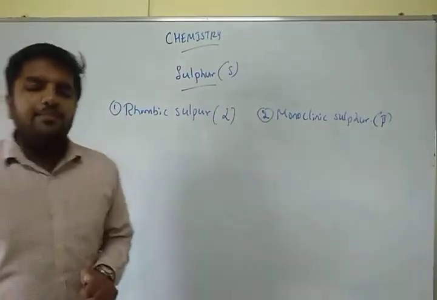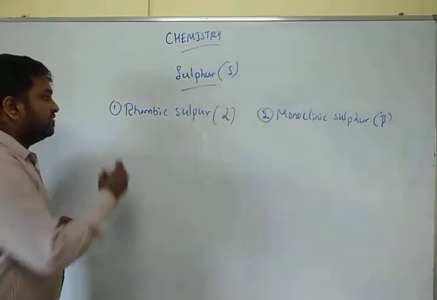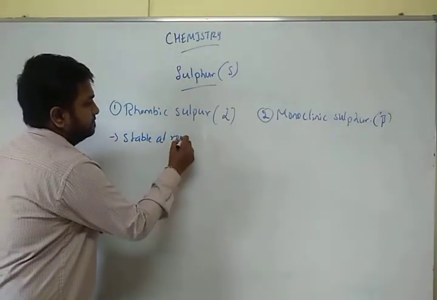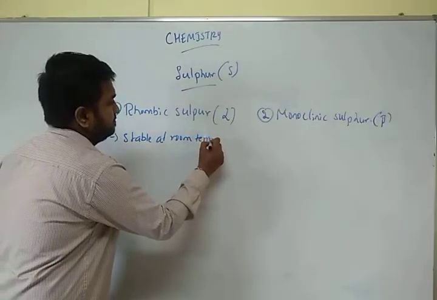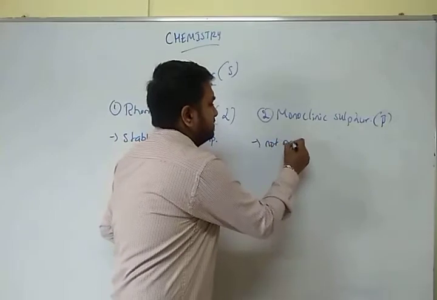When we look at the properties of these 2 allotropic forms of sulfur, rhombic sulfur is stable at room temperature, whereas monoclinic sulfur is not much stable.